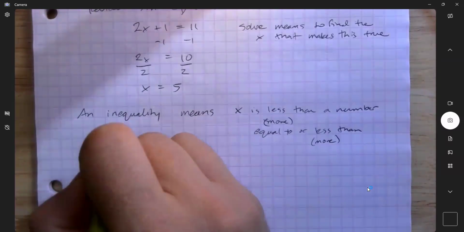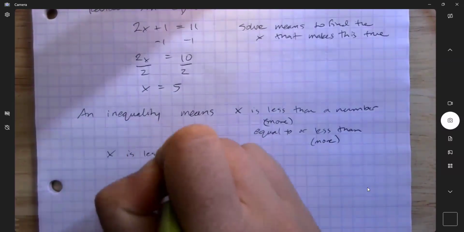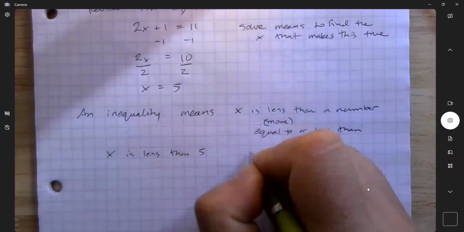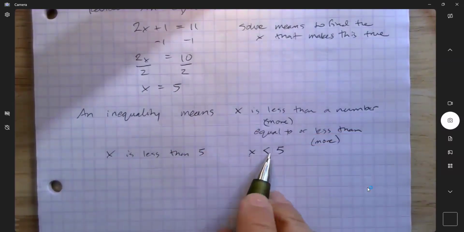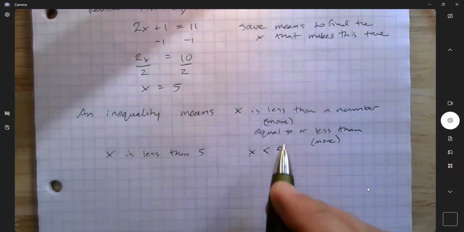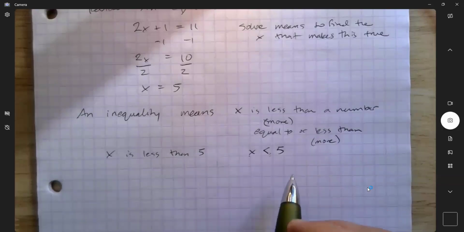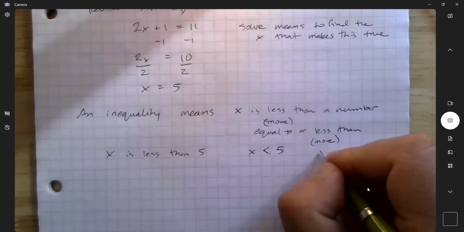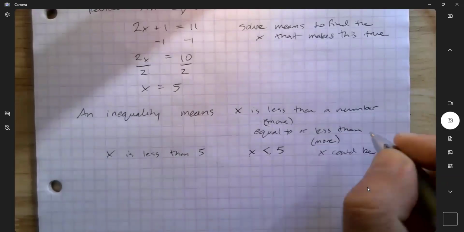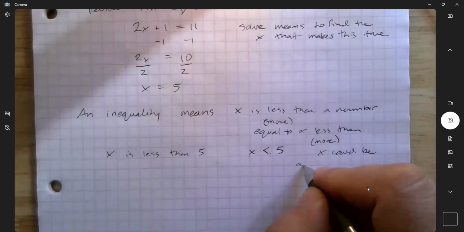So if I say x is less than 5, I'm going to use the notation x, and instead of an equal sign, I use this pointed brace. It's called the less than sign. And this means x is less than 5, so x could be a whole range of numbers.